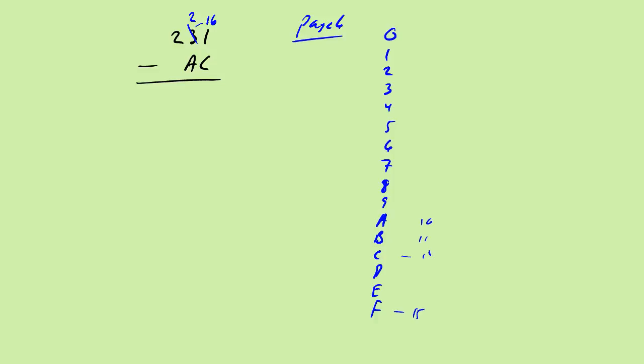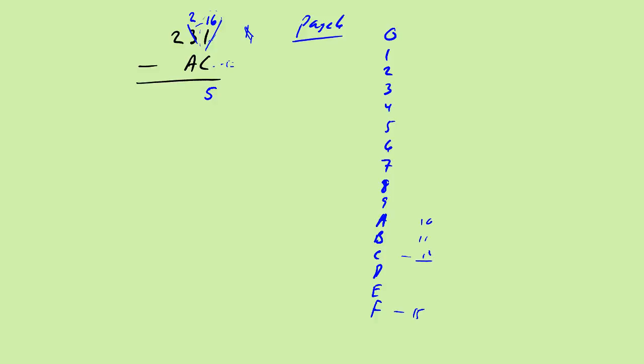So instead of putting a 1 in front of the 1 the way we normally do if we borrow a 10, which would make that an 11, this now functions like a 17 minus a C. So it's 16 plus 1, which is 17, minus what is effectively a 12, and that leaves me with a 5.